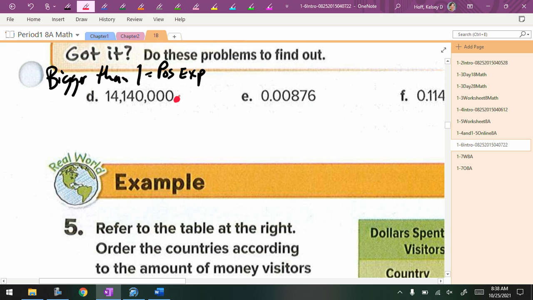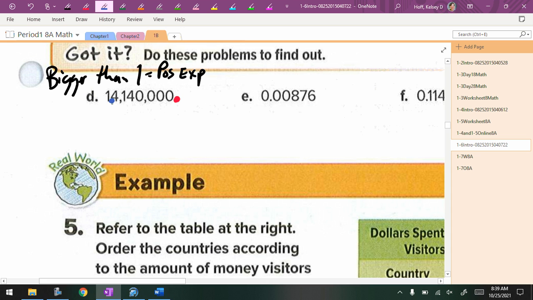Where should I put my decimal so that there's only one number in front of it? I need to put this in a new spot in here. Tone? Here? Here? Do you guys agree with him? If I put my decimal point here, there's only one number in front of that decimal? Yes. Okay.